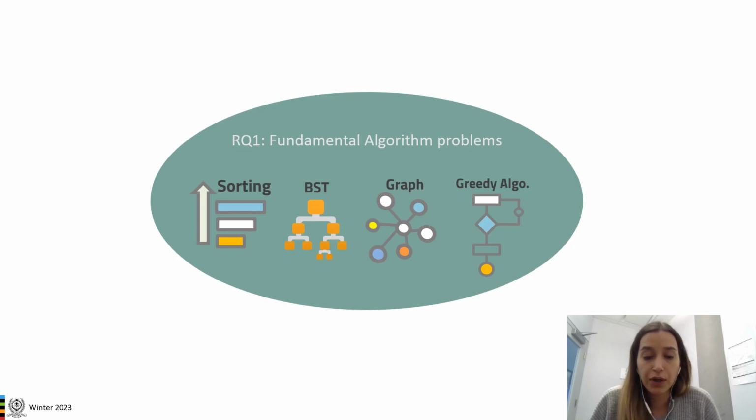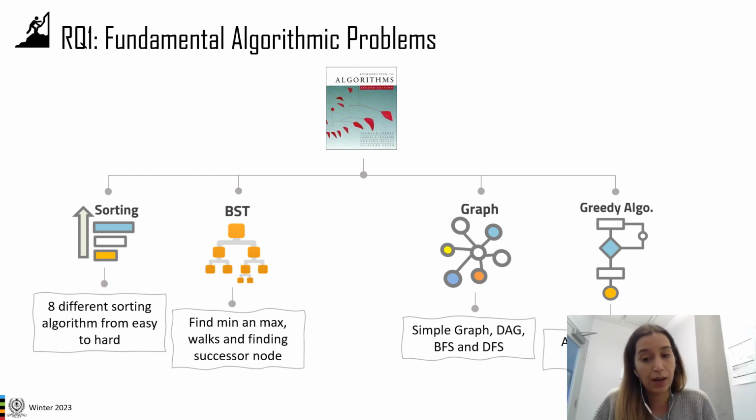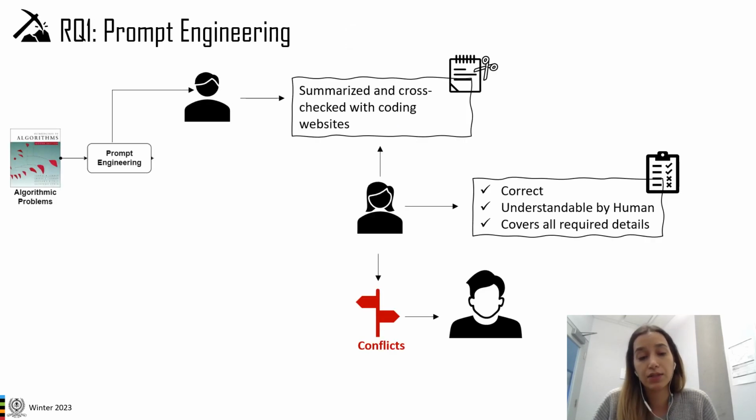So for the first part of the study, we collected our programming tasks from a famous, well-known book, Algorithm Design. We collected 20 tasks from this book in different categories such as sorting algorithms, BST, graphs, and greedy algorithms. But because the problem descriptions in this book are sometimes pages long, we needed some prompt engineering here.